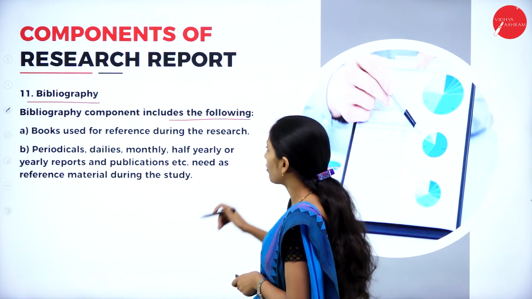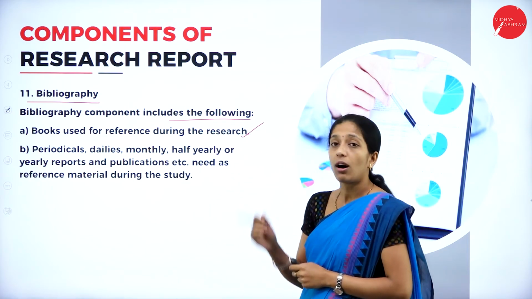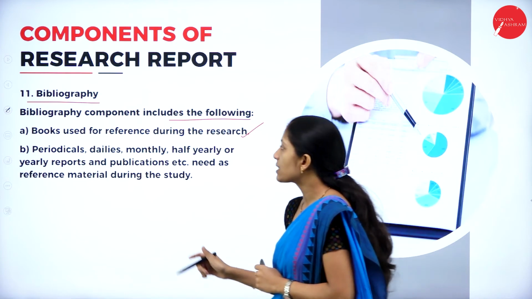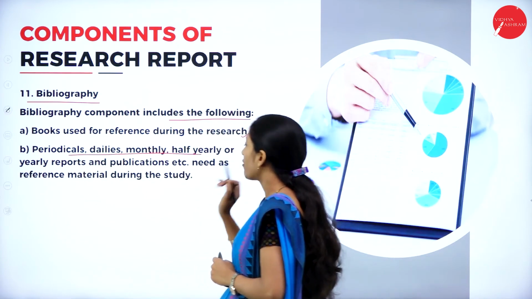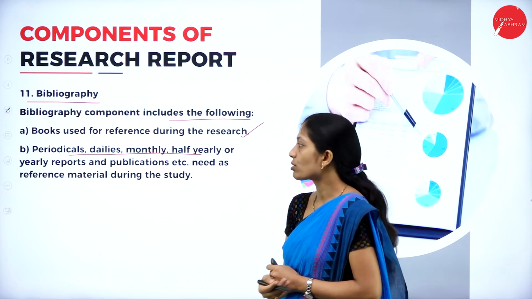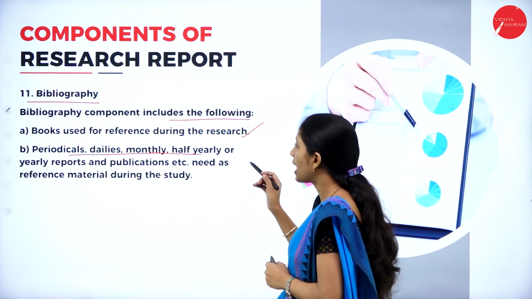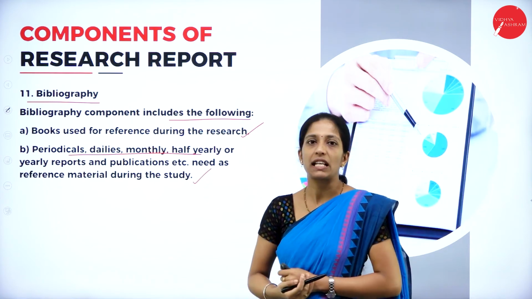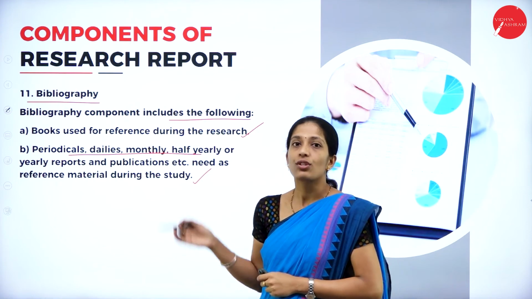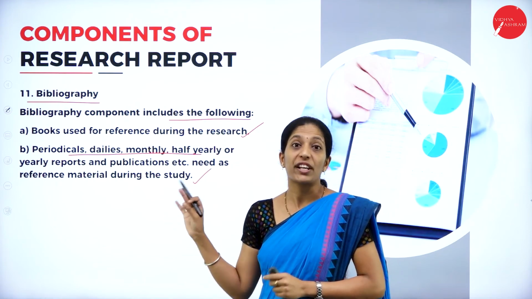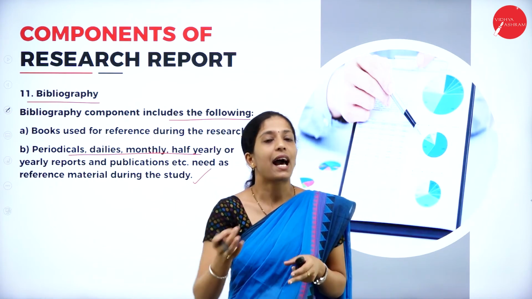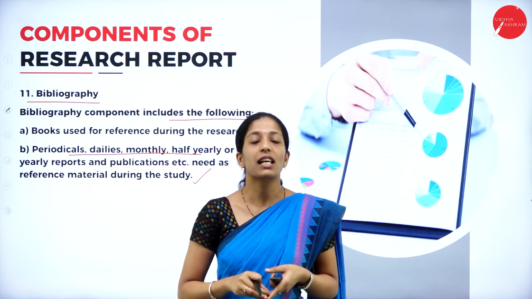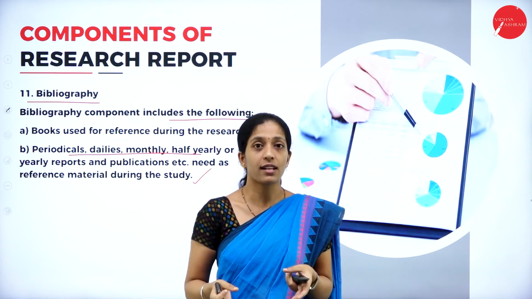So books used for reference during the research, or he might have used periodicals, dailies, monthly, half yearly or yearly reports and publications etc. as reference material during the study. So this is known as bibliography, by referring to which he has done his research work, because he can't get all the information instantly, correct?